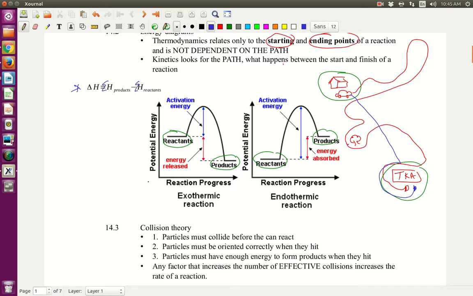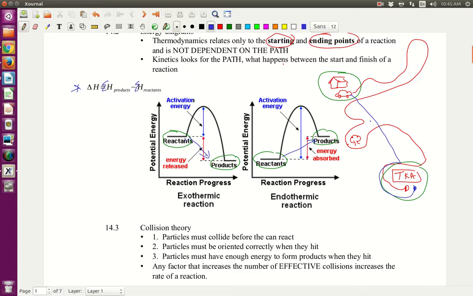That last chapter, it wasn't important. This chapter, it is important. Before, we only dealt with the beginning and the end. Beginning and the end. And that was thermodynamics. Now kinetics is going to mess with this part in the middle, the activation energy. So what I want you to do, this is already written into your notes.